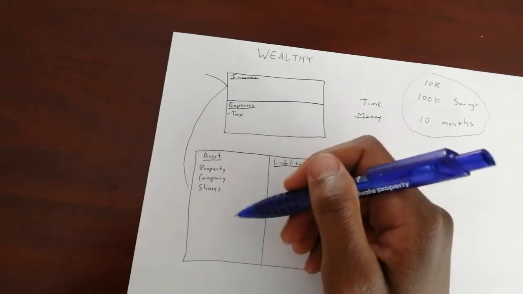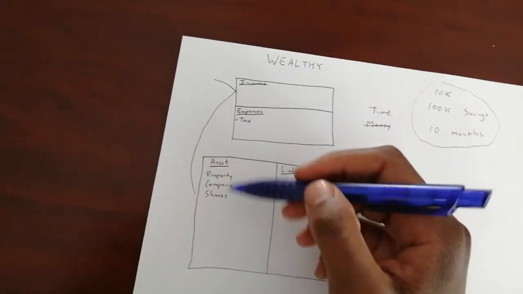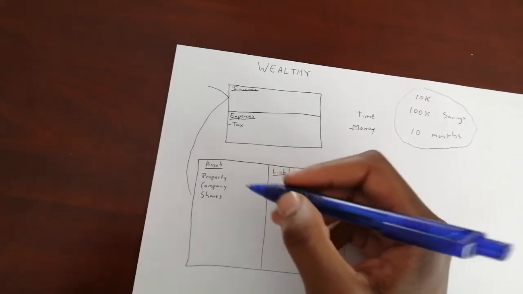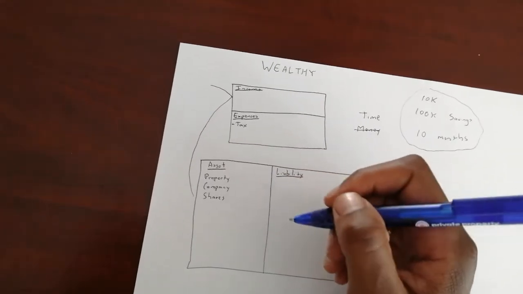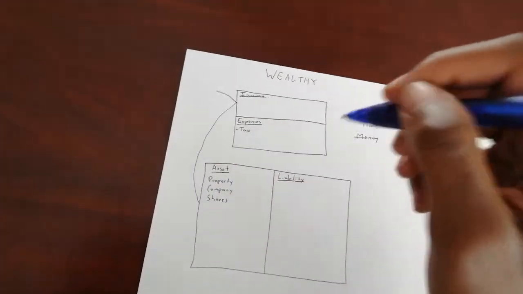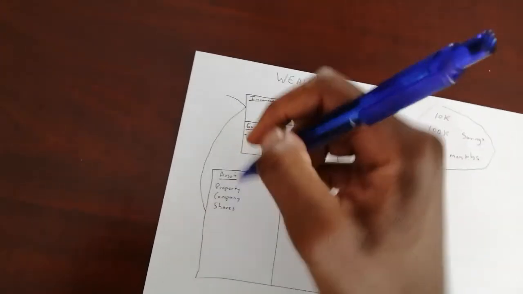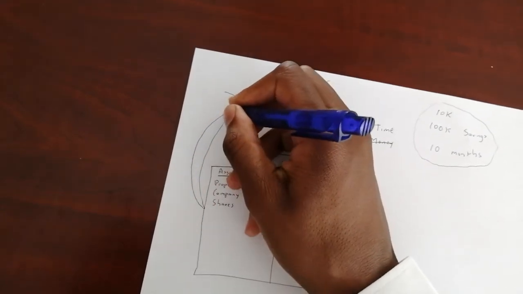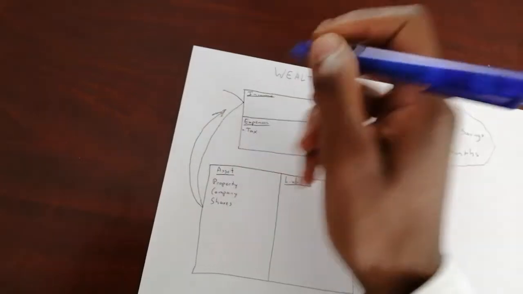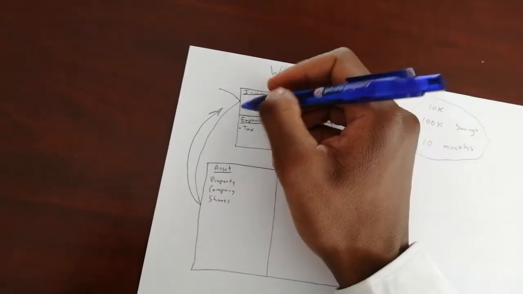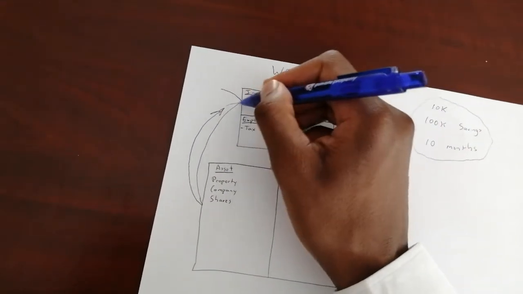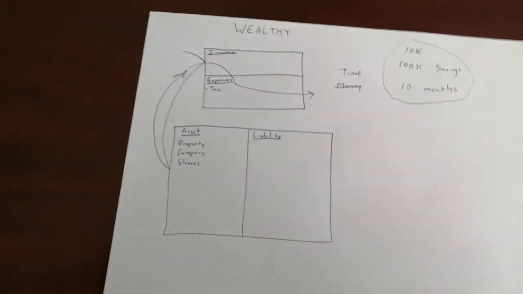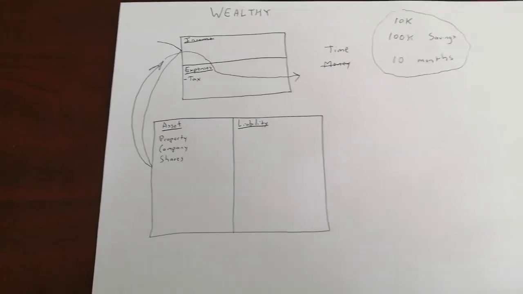Assets can be properties which they rent out, it could be companies which they own, it could be shares, it could be cars, anything that brings money at the end of the month. So after that, what they do is that after their assets make them money, only then do they pay tax and spend their money on luxury items.